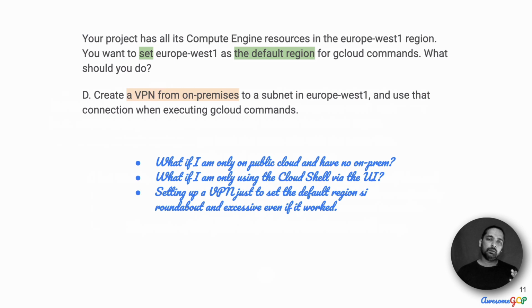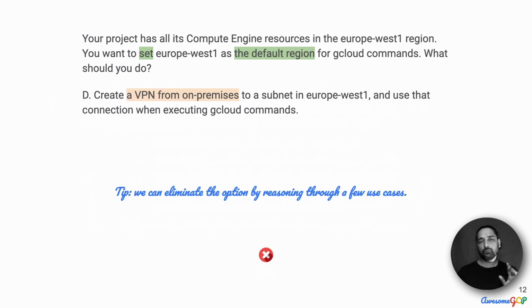Thirdly, even if this worked, it doesn't work, but even if it did, just setting up a new VPN to get the default region seems roundabout and excessive. We need to have an easier way, and there is. For now, though, we can eliminate this option.